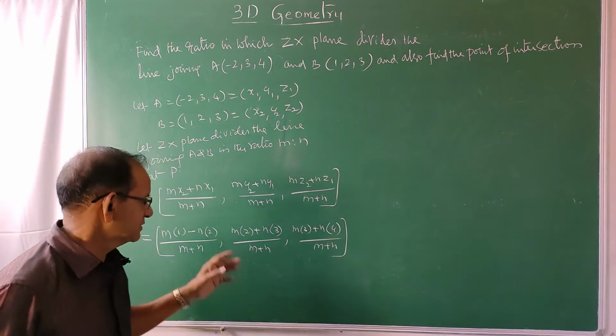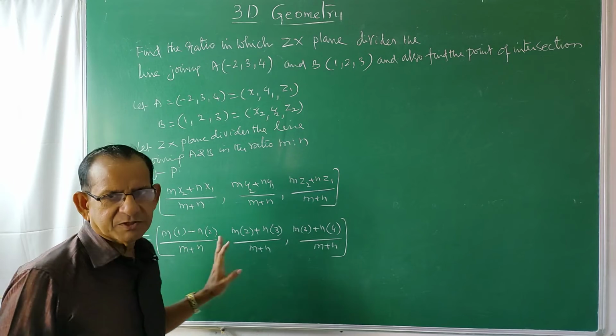This is any point which is dividing AB in the ratio m is to n.